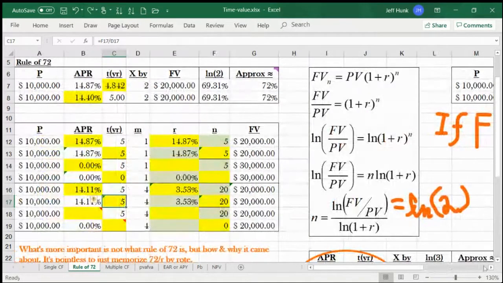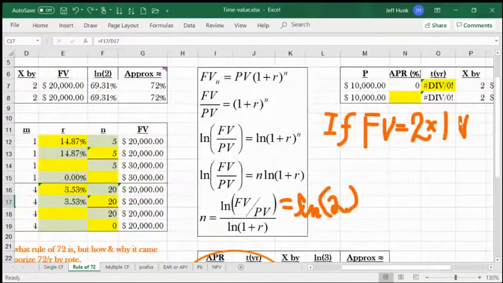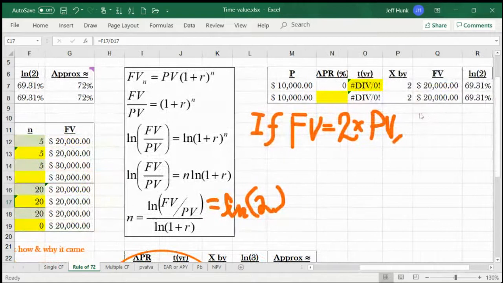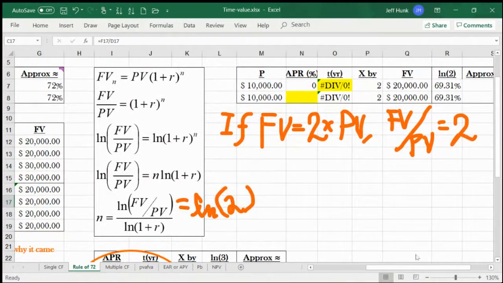If that's the case, then of course the ratio between the two, it's quite obvious, FV over PV is 2. Makes sense? That's doubling your investment, right?